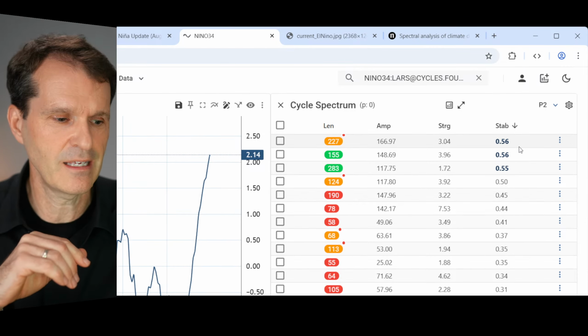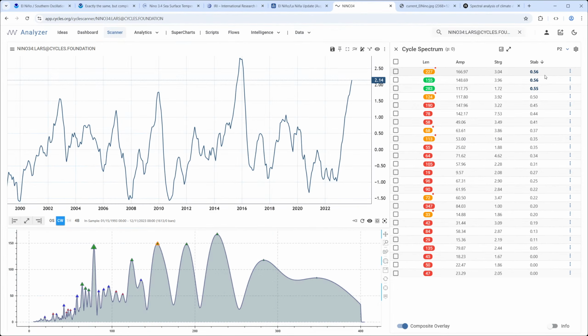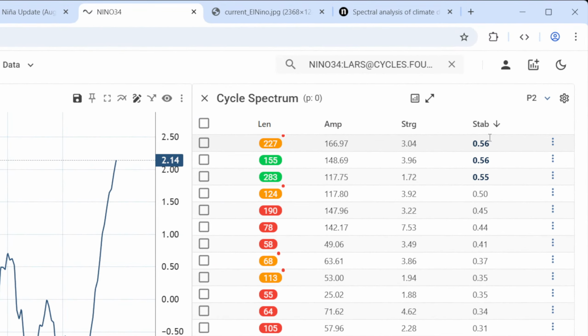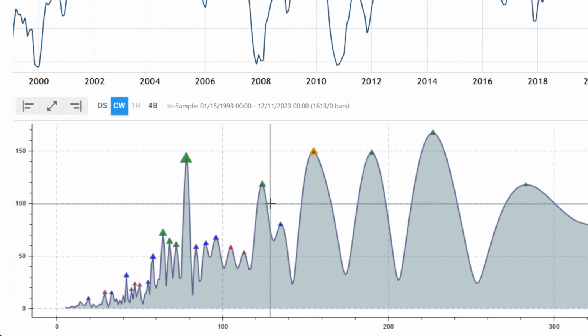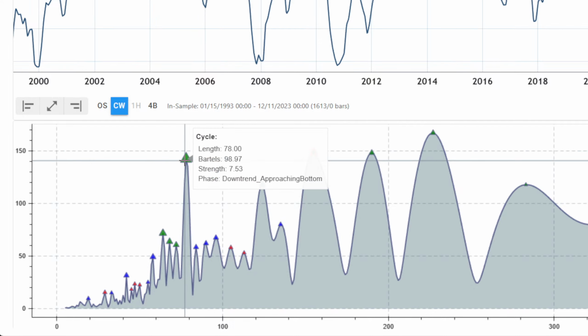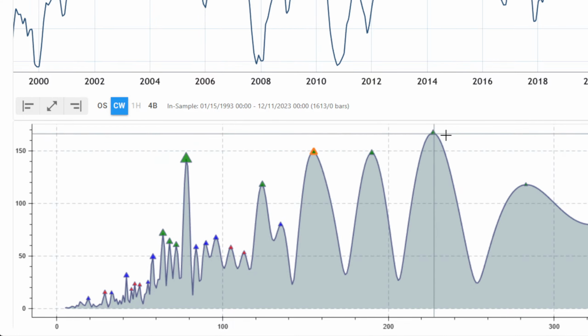And we can see here in our analysis, we have 3 cycles which qualify not only to be valid cycles with a given length, they also qualify in terms of stability. All the other cycles, which could maybe visually be seen in the spectrum, so that's also another parameter we provide here at the foundation, not just the visual shape, the stability.